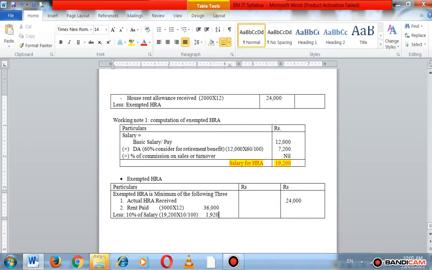So 10% on 19,200 is 1,920. Deduct the 1,920 from 36,000. So 36,000 minus 1,920, we get 34,080.